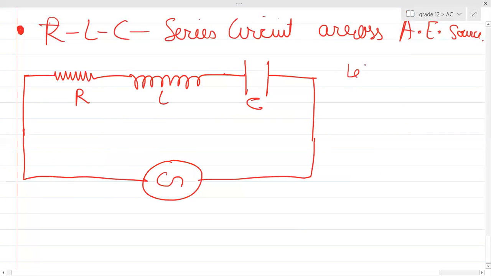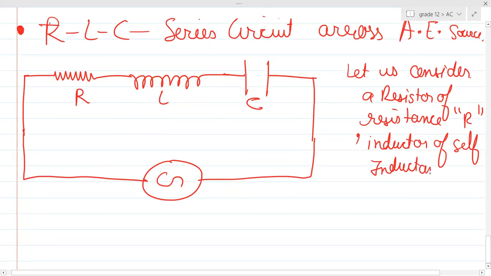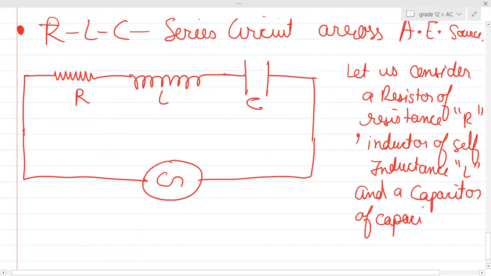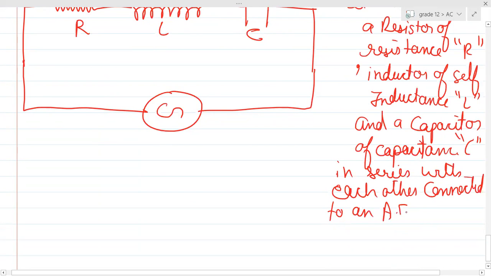guys? Let us consider a resistor of resistance R, inductor of self inductance L, and a capacitor of capacitance C in series with each other, connected to an alternating EMF source.